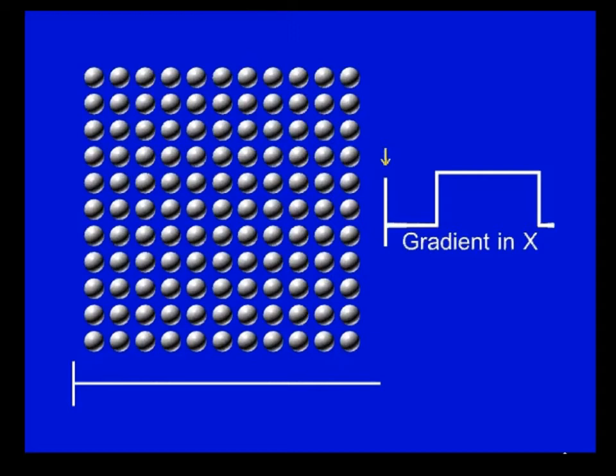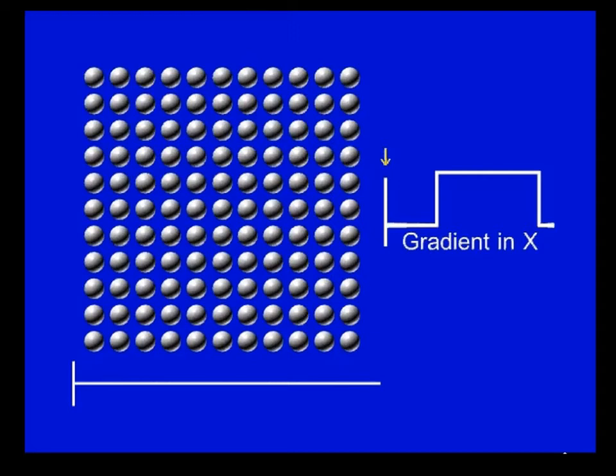What you will notice is that when we apply a gradient in the x direction in the rotating frame, the center column of balls do not change their orientation, but as you move towards either the right or left edge of the image, the balls will spin progressively at higher frequencies such that they'll get more and more out of phase with respect to the ball at the center.